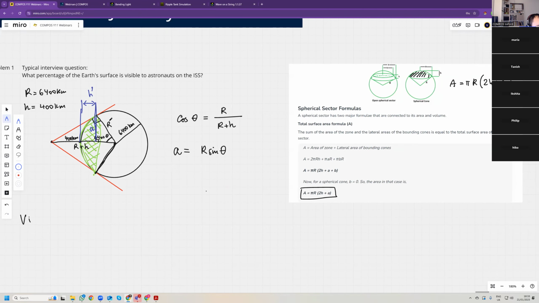So h dash is r minus r cos theta. I hope that makes sense. I'll rub this out just to make it less horrible.